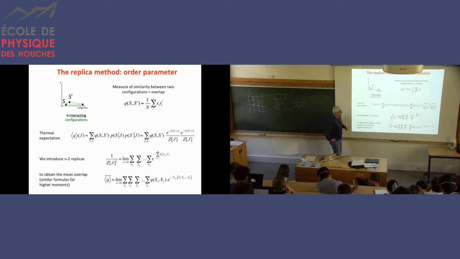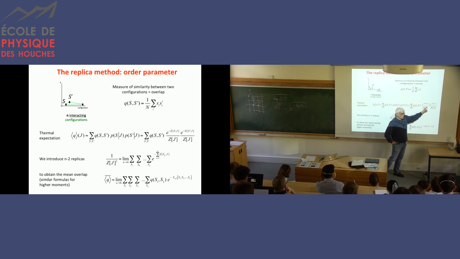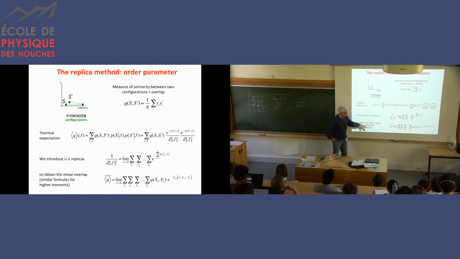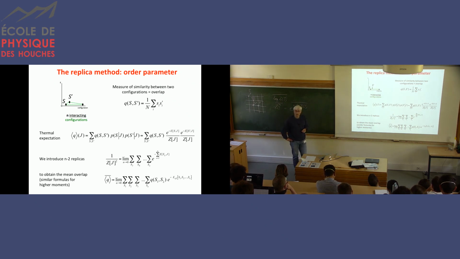Now, if I want to average this over the disorder, I need to express 1 over Z squared with the replica trick. I can write 1 over Z squared as Z to the n minus 2, so I need n minus 2 copies, and then take n going to 0.